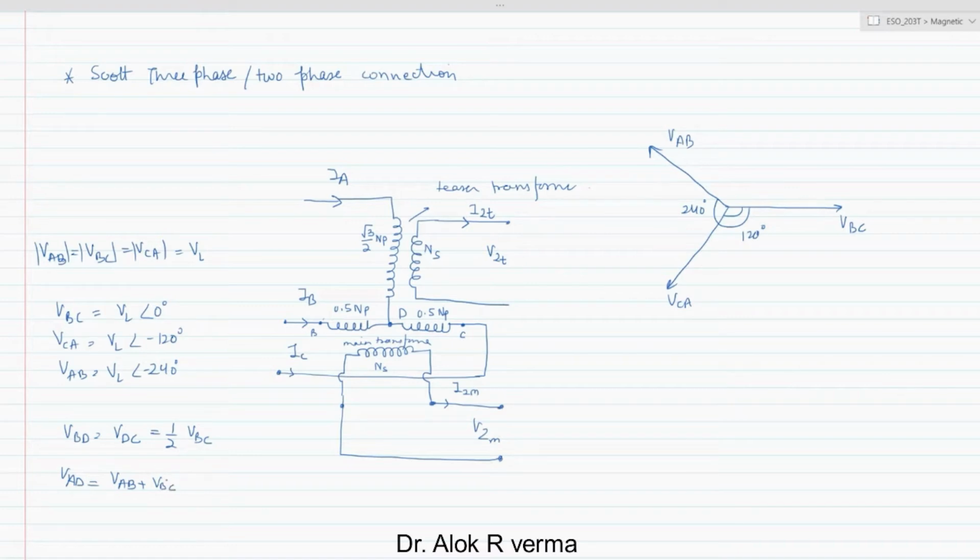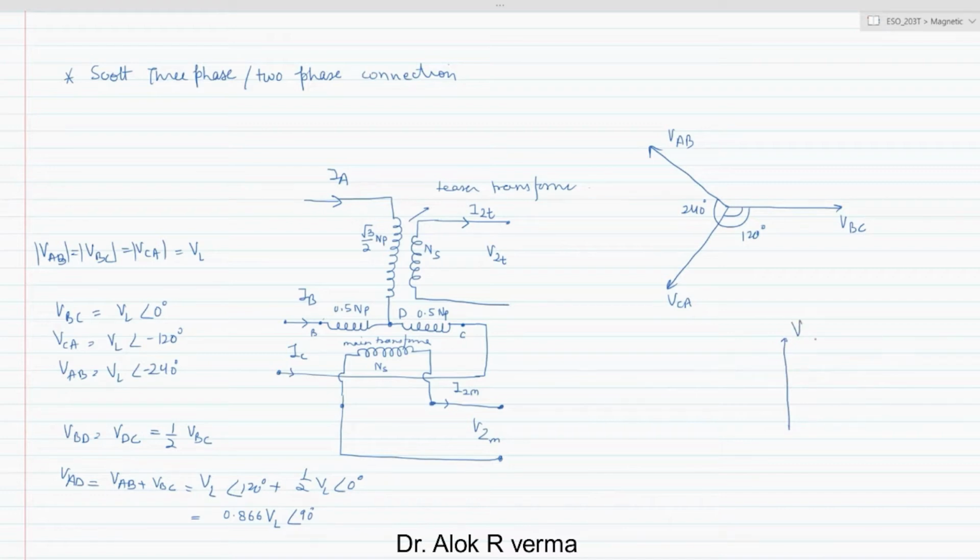Now if you add these two voltages, which is VL angle 120 plus half of VL angle 0, it will be around 0.866 VL angle of 90 degrees. An angle of 90 degrees means it is vertical.